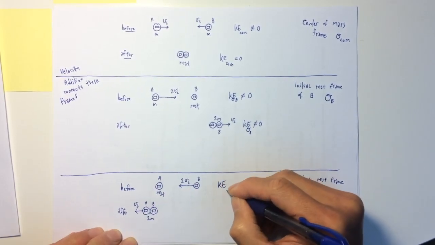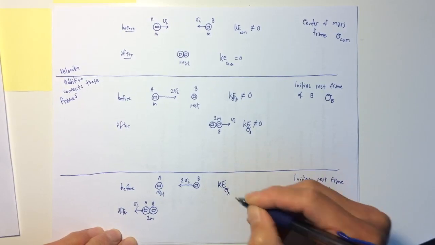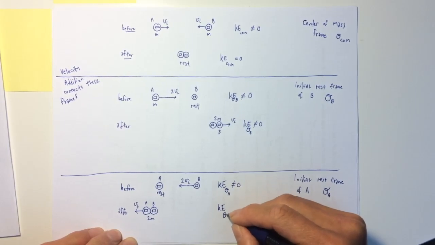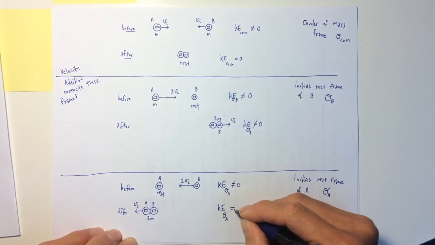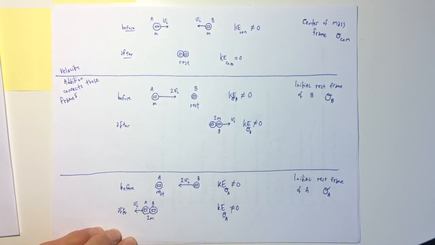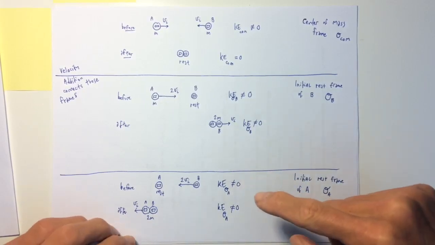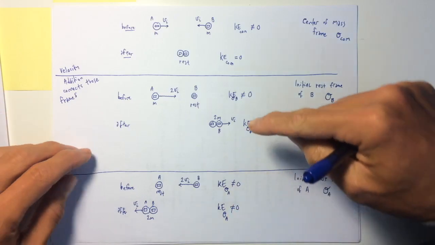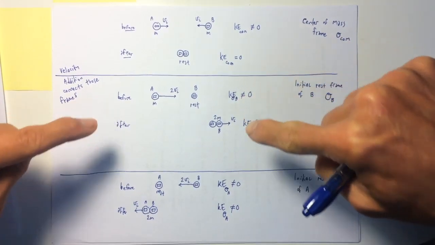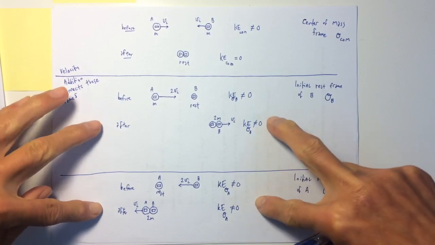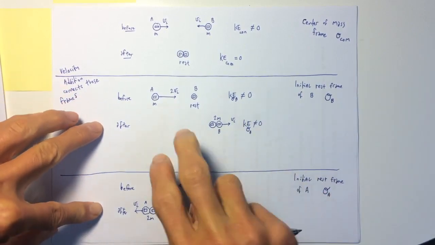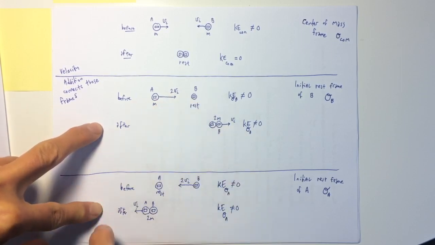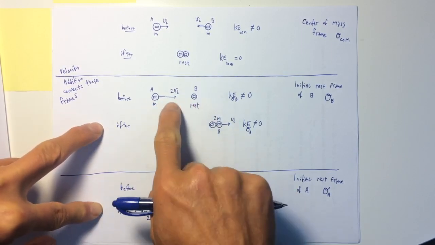So kinetic energy in observer frame A is not 0 before, and it is also not equal to 0 afterwards. In fact, this point of view and this point of view must be identical because of the symmetry, that is, A and B themselves are identical except for the motion.